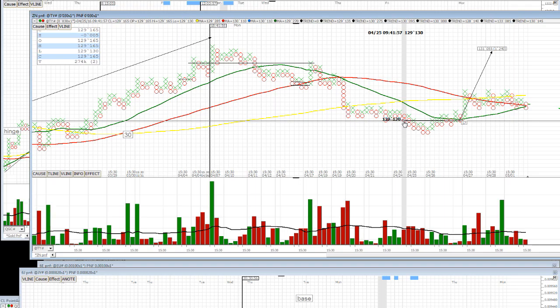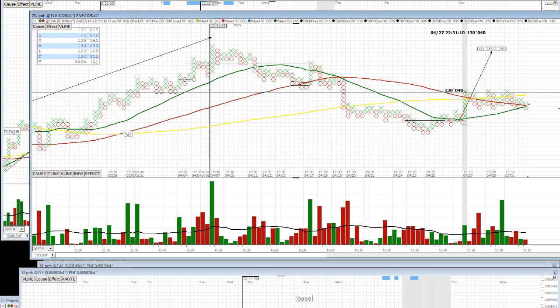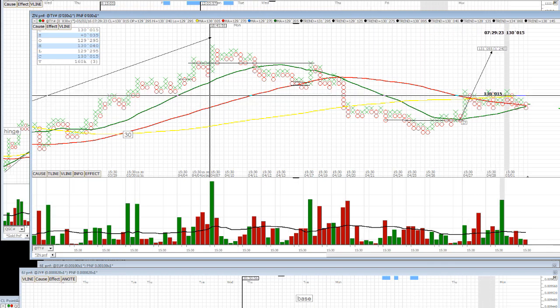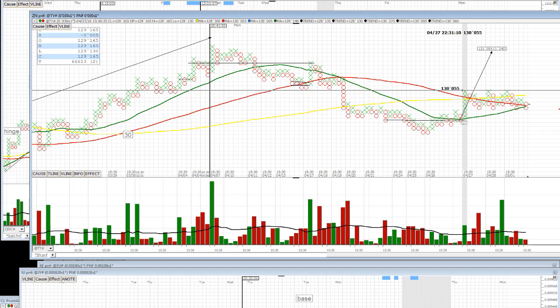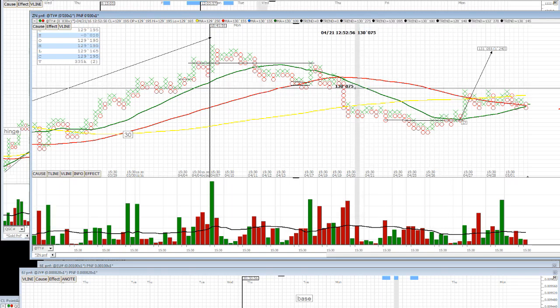I don't want to get too greedy with the targets because this market has serious selling pressure, and we see that it went up, resistance, resistance, resistance. So the resistance is coming in at whatever this number is, and that makes a lot of sense.